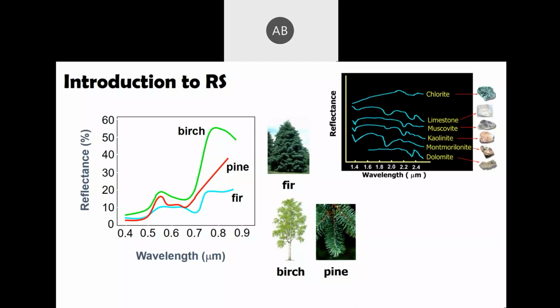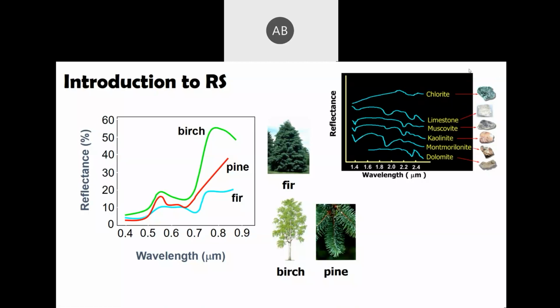This is true for particular objects which are above the earth, and sometimes it is true for objects which are underneath the earth. Or sometimes, if you have some minerals or stones, like the ones I see here, it may be kaolinite, limestone, muscovite, dolomite.